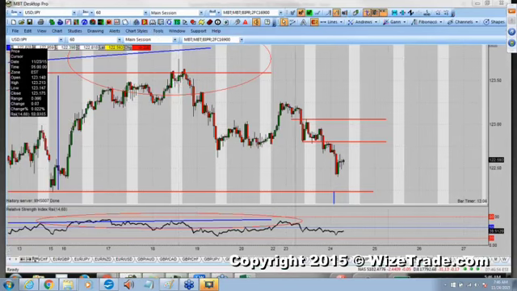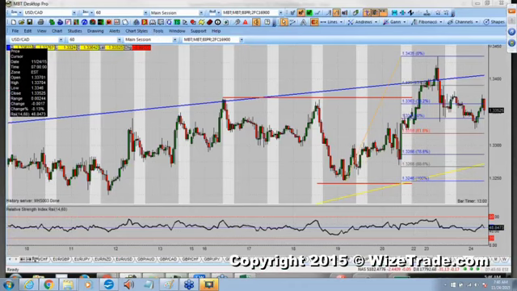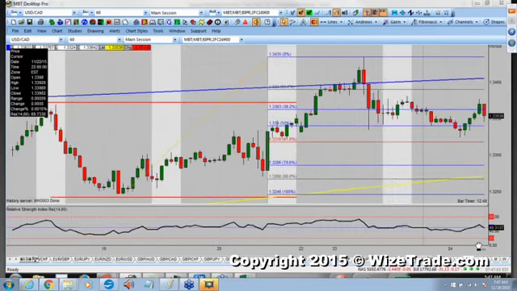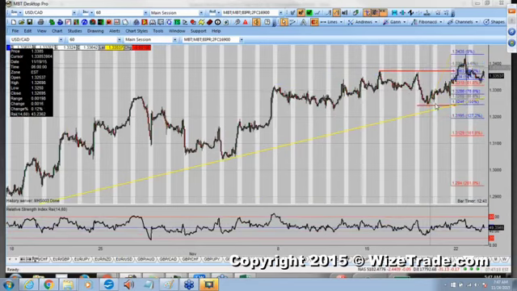Let's go over to the dollar Canadian. So the dollar Canadian's coming off, obviously, as crude oil is staging a bit of a rally here. Now, let's remove that really quick for now.